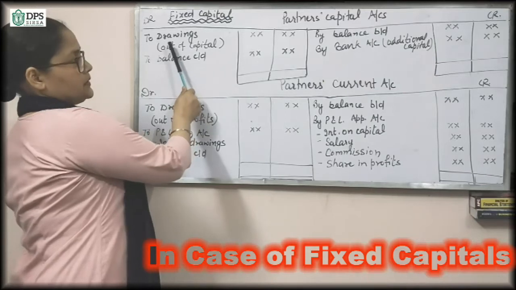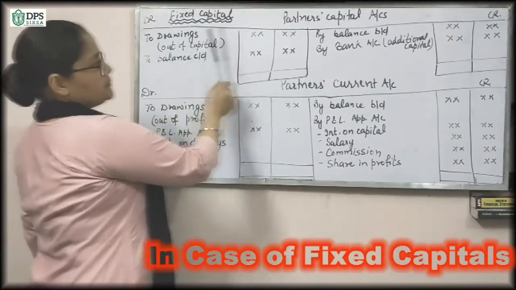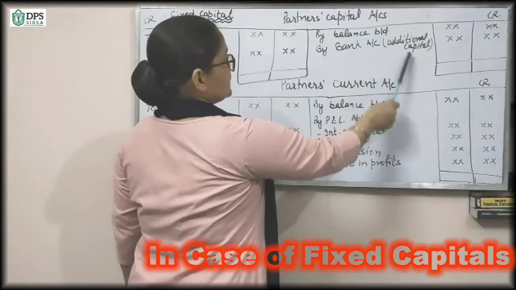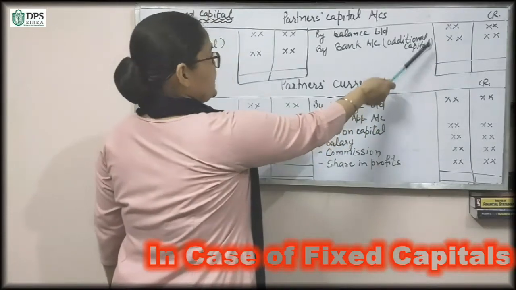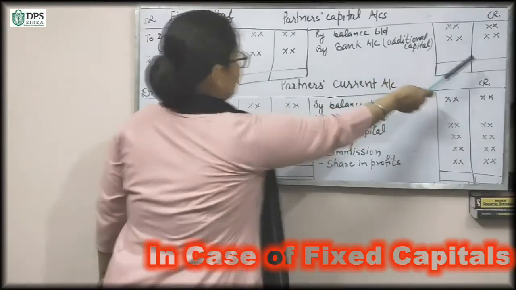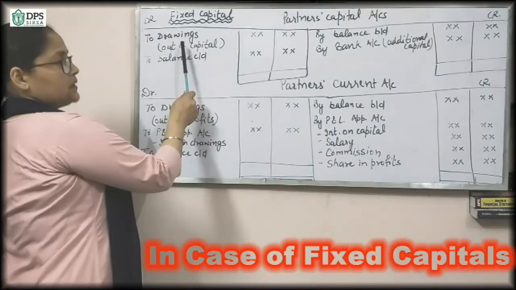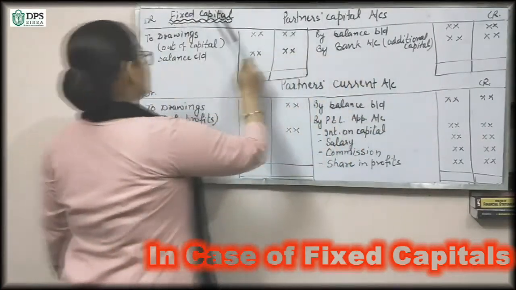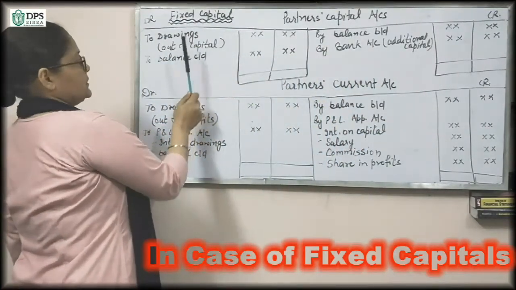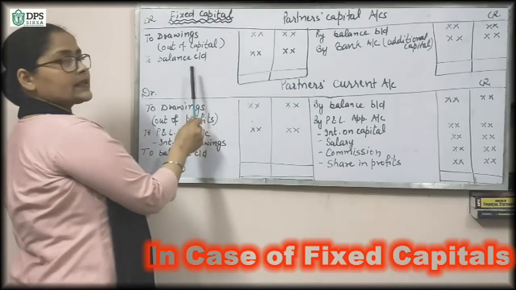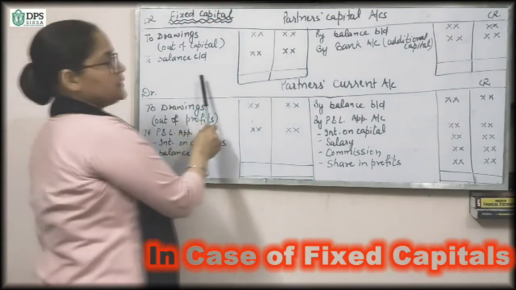Why is it debited? Because this is reducing their capital. So drawings are reducing capital, that's why it is debited. The balance will be carried on at the end of the year.